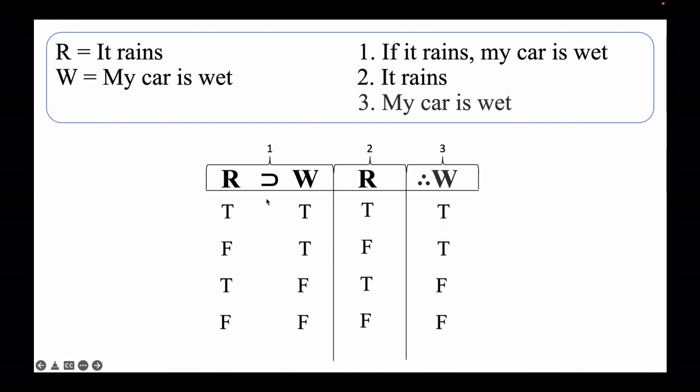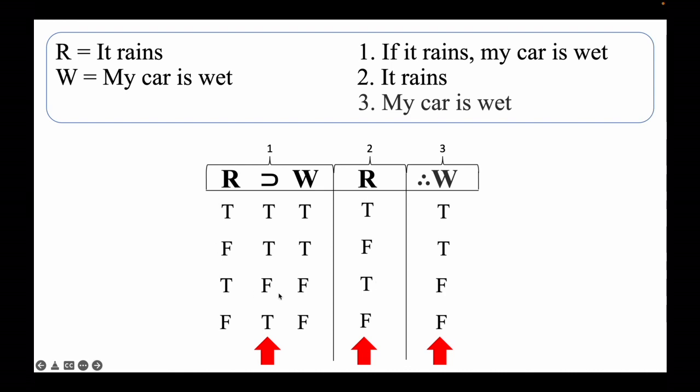And we find the truth values of the conditional statement. Okay. At this point, we focus on these three columns and we try to find a row that indicates true premises and false conclusion. But as you can see, none of the rows indicates true premises and false conclusion.